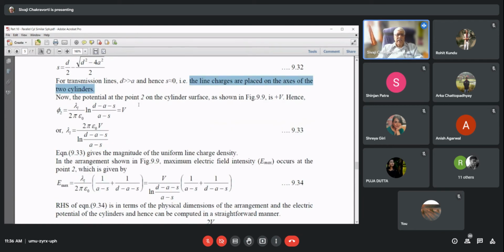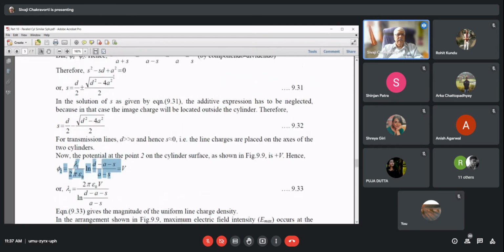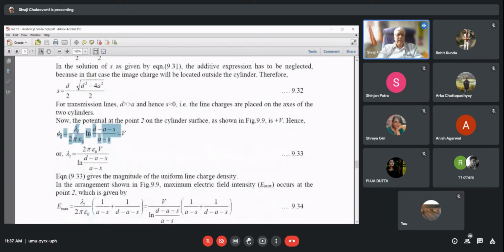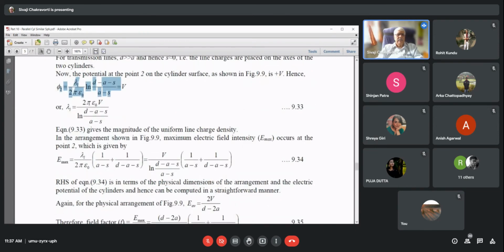And then we extend it, we say the potential at the point 2 on the cylinder surface. That is, of course, the positive cylinder, so potential is plus V. So I write this expression, which is, of course, already developed earlier, here, equation 9.30. Now we are saying that this potential equal to V. And therefore, you can clearly see that I can find the magnitude of the charge lambda 1.